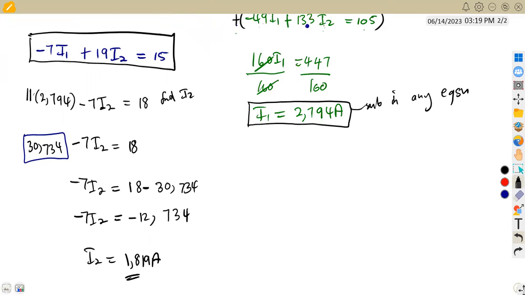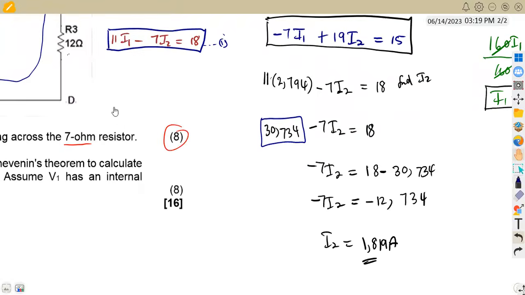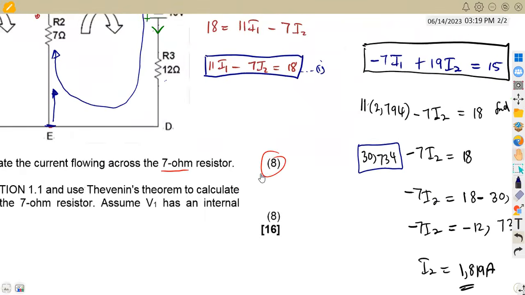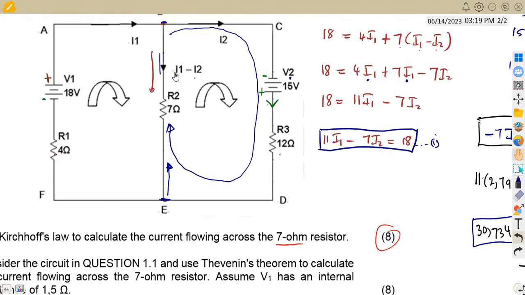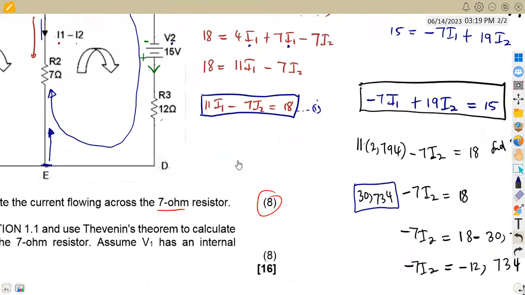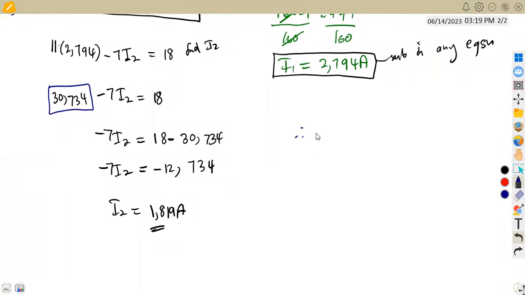But remember, this is not the question. The question is to find the current across the 7 ohm resistor.